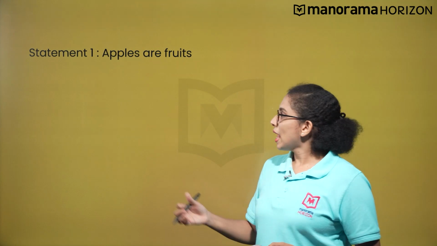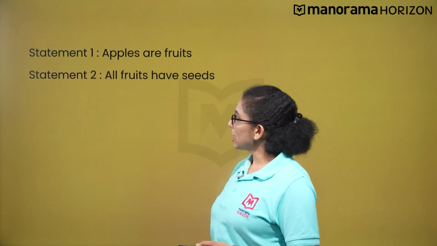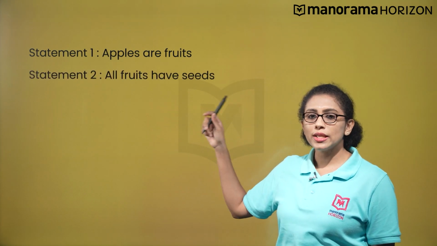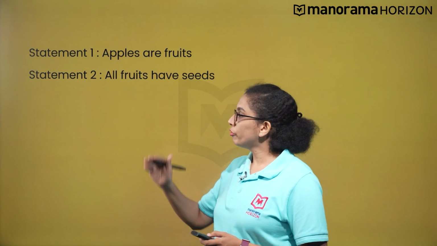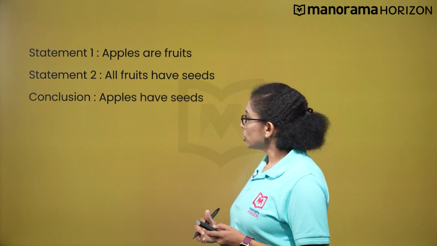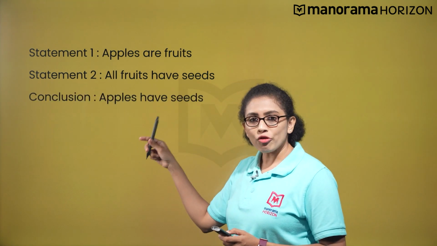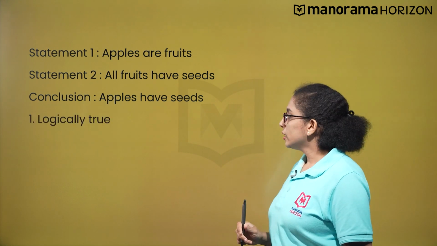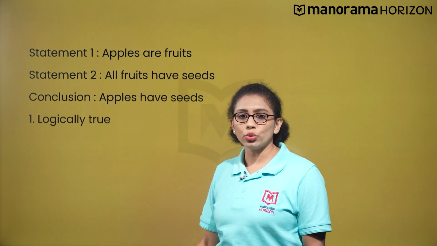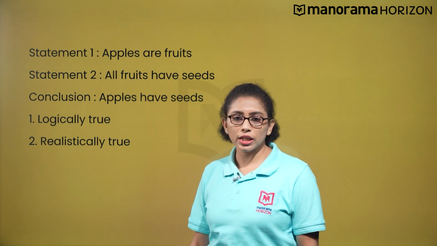Statement number 1, apples are fruits. Statement 2, all fruits have seeds. Now, what conclusion can you draw from these two statements? Conclusion is that apples have seeds. Here the statements are true and the conclusion is logically true and realistically true.